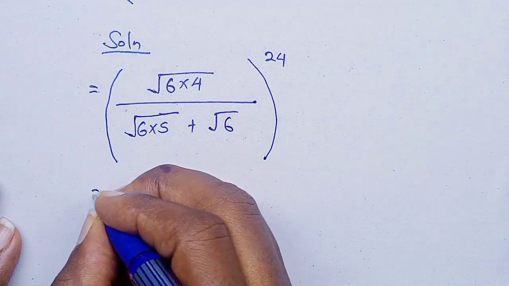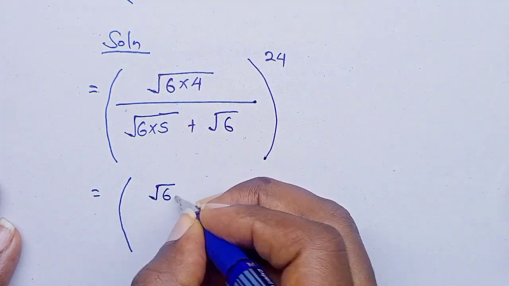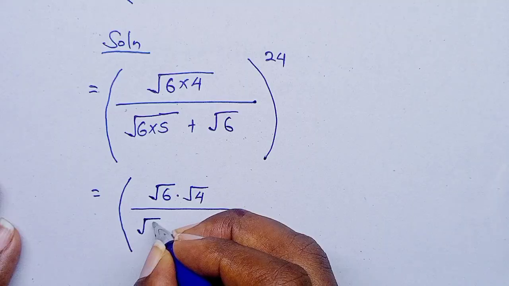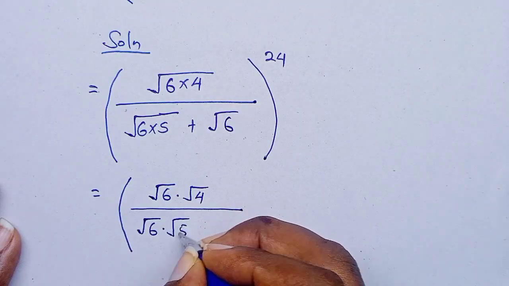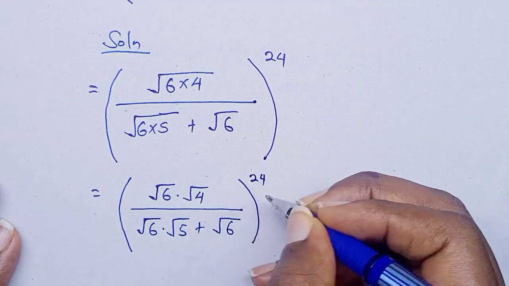So this is the same as root 6 times root 4 over root 6 times root 5 plus root 6 to power 24.